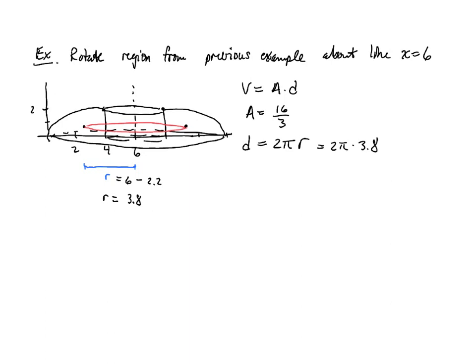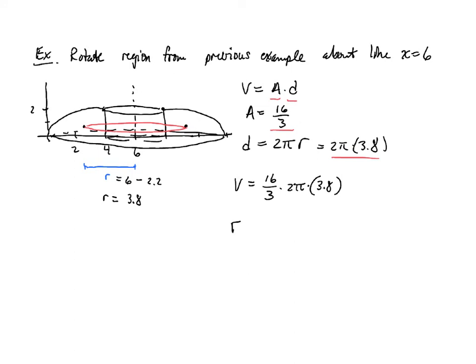And when we plug these two pieces, there's the D, there's the A, into A times D, we find that the volume is 16/3 times 2 pi times 3.8, which is a pretty easy way to compute the volume of a solid of revolution instead of having to go through and evaluate it by washers or shells.